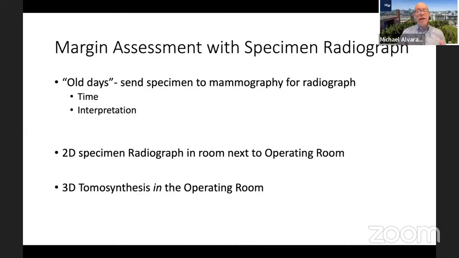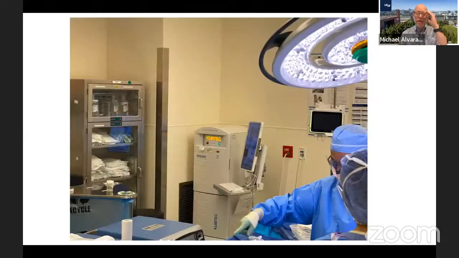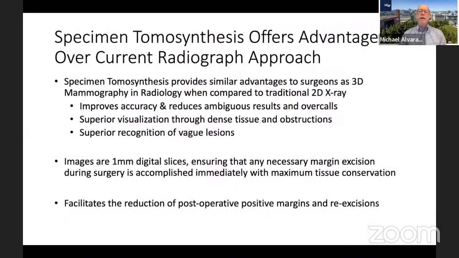And so now what we have is 3D tomosynthesis actually in the operating room with a small machine. And you can see here in our theater, it sits in the corner. We do our surgery, put it in there, and we can run it to look top to bottom, left to right, up to down. This tomosynthesis offers advantages over current radiology approach.